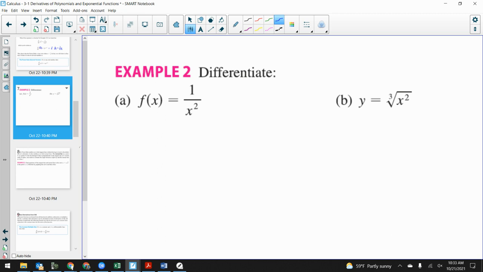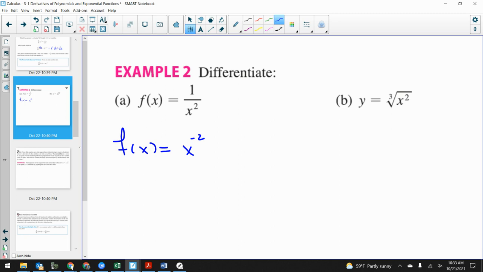If f of x is equal to 1 over x squared, here's what I say. If it's ever an exponent and something weird is happening to it, like it's in a radical or it's in a denominator, try to make it just the power on x. Like for example here, isn't 1 over x squared x to the negative second power?